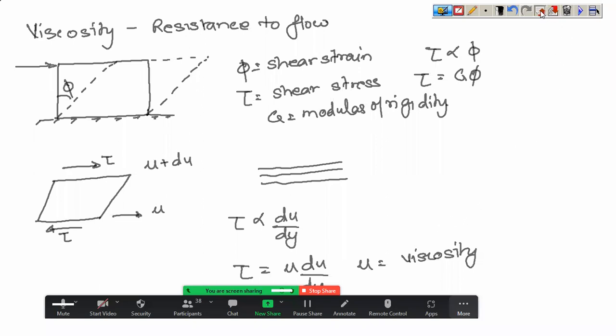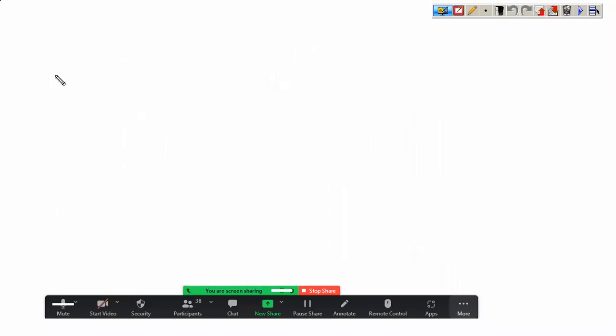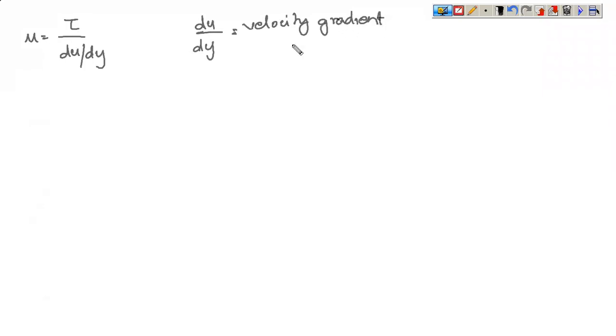So if you look at the units, mu is given by tau by du by dy, where du by dy is called your velocity gradient.